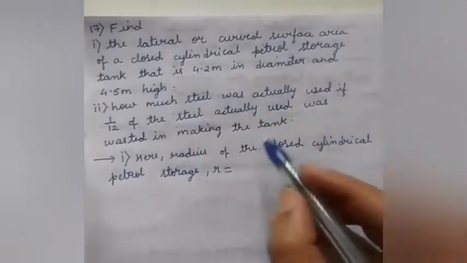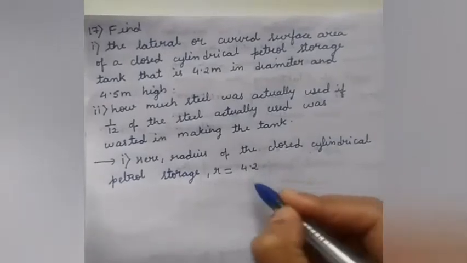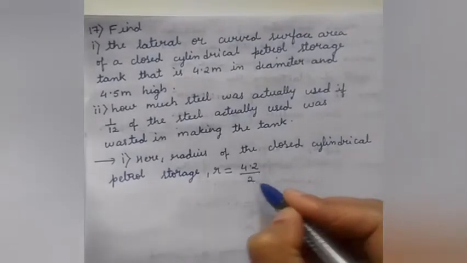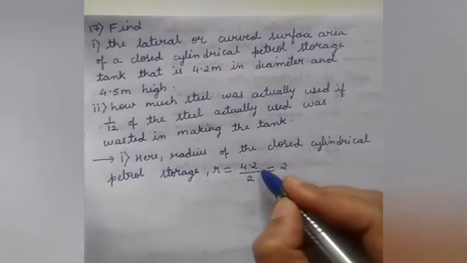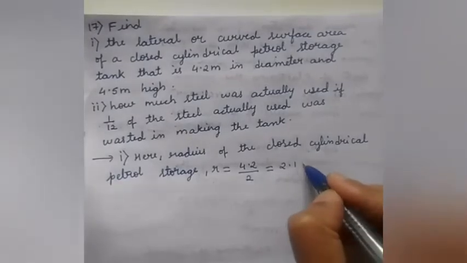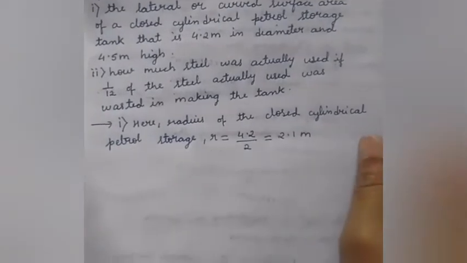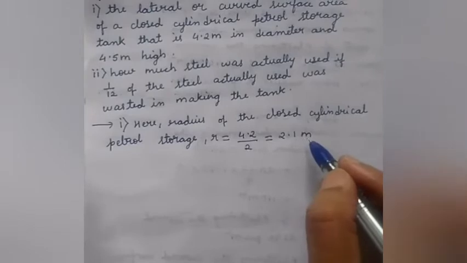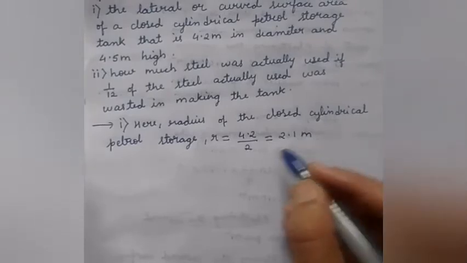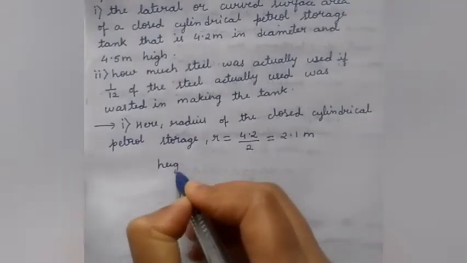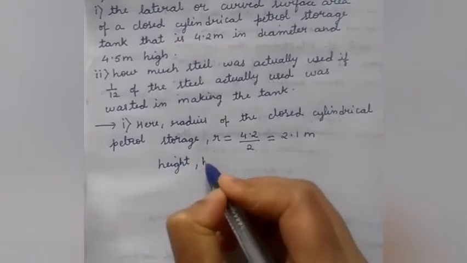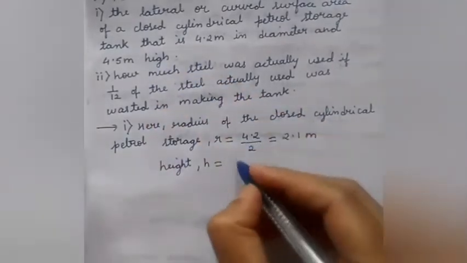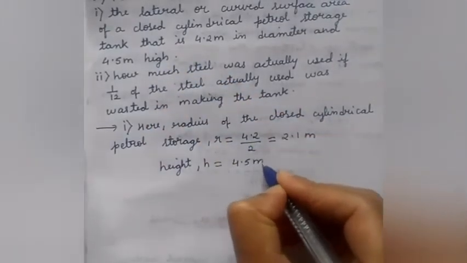Given diameter is 4.2, radius is diameter divided by 2, which is equal to 4.2 divided by 2, which is 2.1 meter. So radius we have equal to 2.1 meter. Then height h is given, it is equal to 4.5 meter.